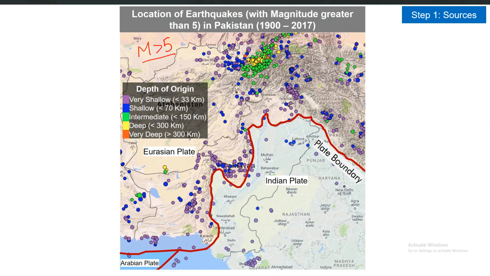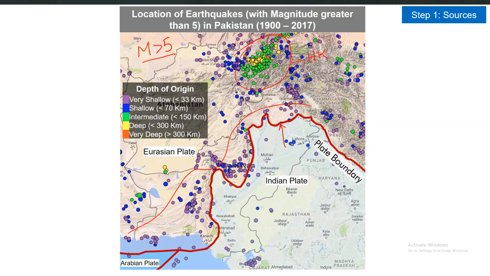So you can see here that most of the shallow and very shallow earthquakes are spread along the main plate boundary. The red line is the main plate boundary between Indian plate and Eurasian plate. And most of the intermediate and deep earthquakes are concentrated in the Hindu Kush region. This is the Hindu Kush region, and most of the intermediate and deep earthquakes are located here.